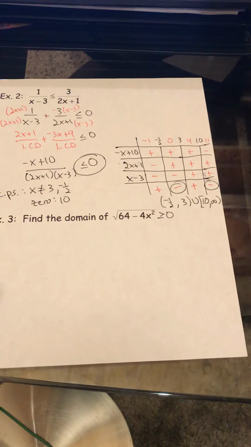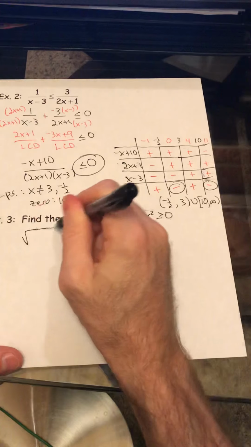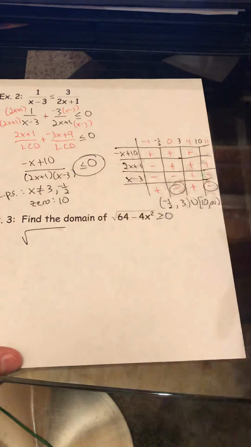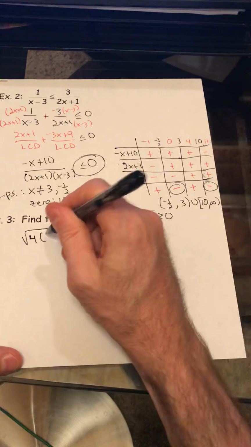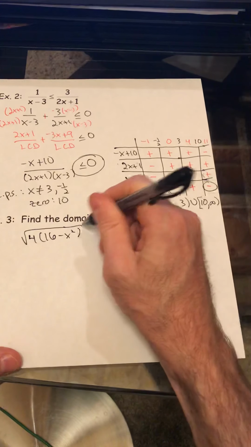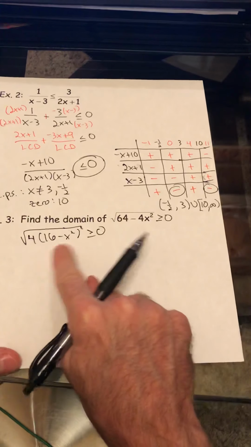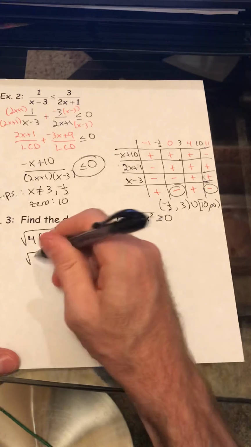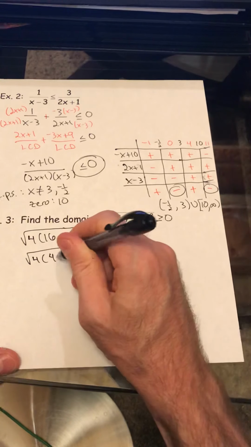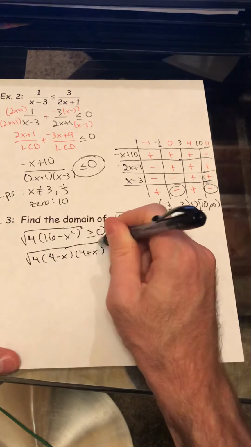This is where I think a sign chart is really helpful. Because when we factor this, the first thing I'm going to do is factor out a 4. That's your GCF. Now, this is a difference of squares: 4 minus x, 4 plus x.